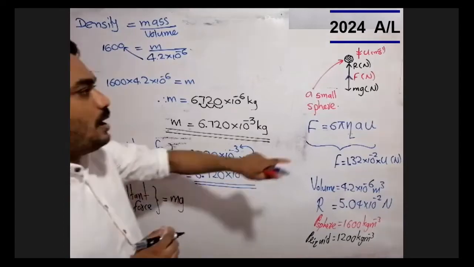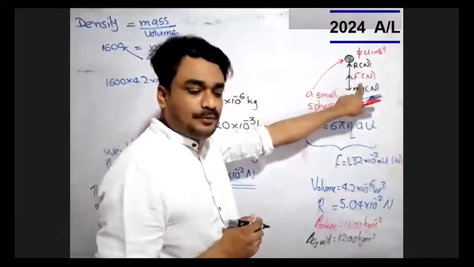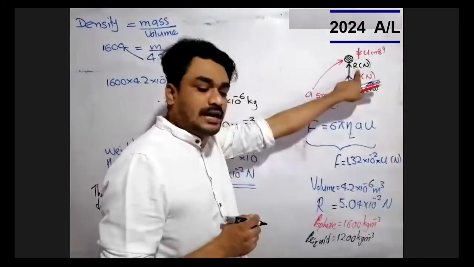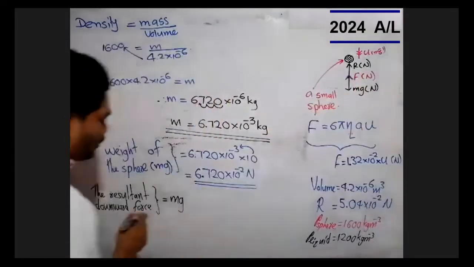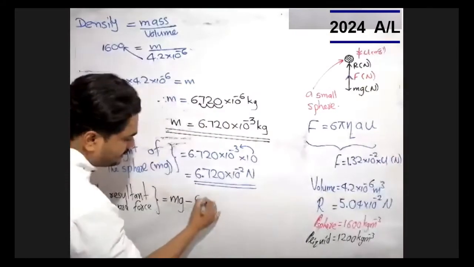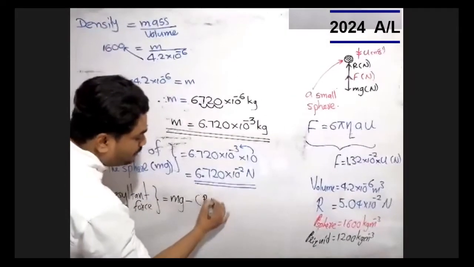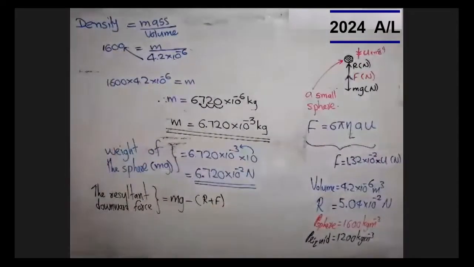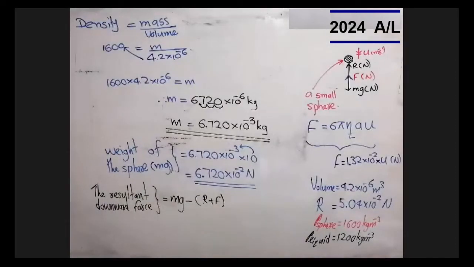There are two upward forces, R and F. What are the upward forces there? R and F. Therefore, the resultant downward force is the downward force minus the summation of the upward forces.